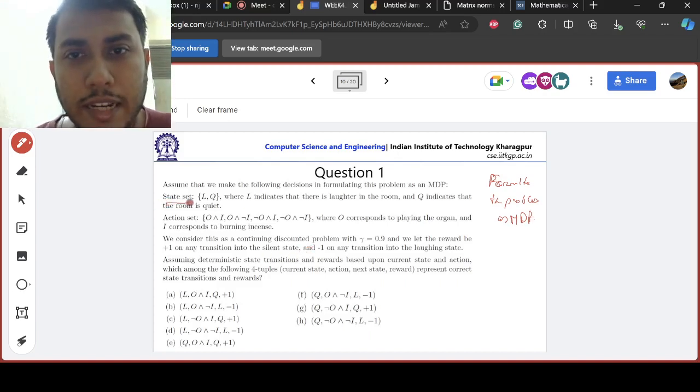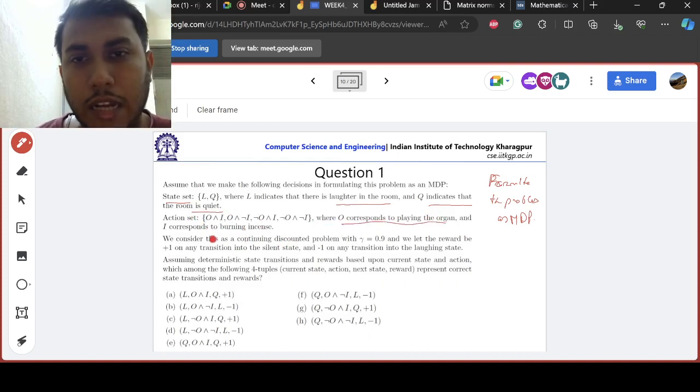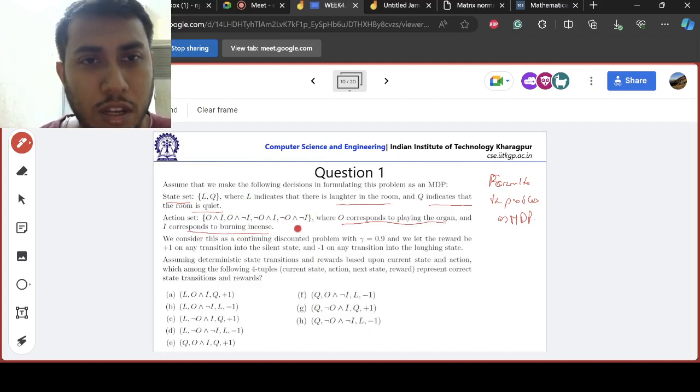You have a state set L, Q, where L indicates there is laughter in the room and Q indicates that the room is silent. So these are the two states you have. Then you have an action set where O represents playing the organ and I represents burning the incense. These are all the combinations of actions that are possible.